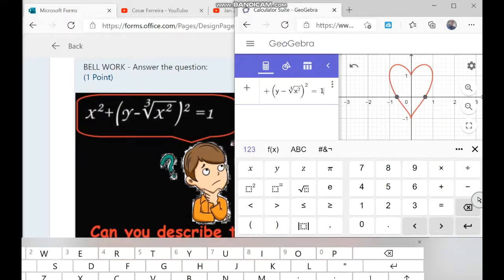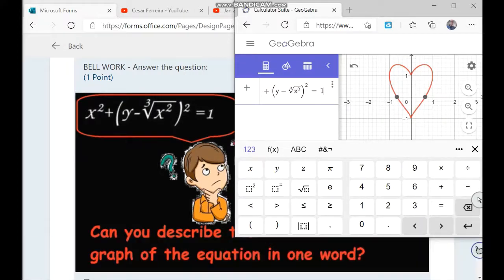What is the shape that you can see? What is the first word that comes to your mind? Can you see the shape that's represented on the screen here on the graphing calculator? Yeah, Jada, that's right, it's a heart.